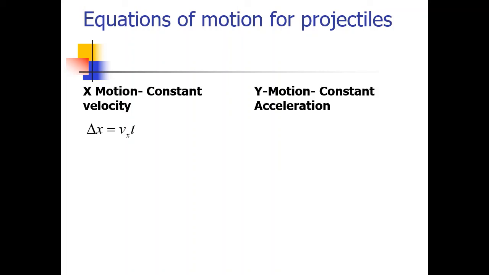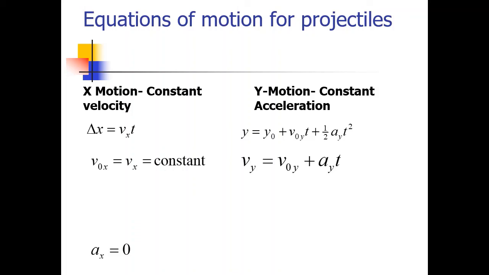So our equations of motion will be these. In the horizontal direction, we're just going to use our constant velocity equation. Our velocity is going to be the same as it was initially. And there's no acceleration. But in the vertical direction, we have to use our constant acceleration equations. We have the one that gives us the position and the one that gives us velocity if we know the time and the initial velocity and the acceleration.